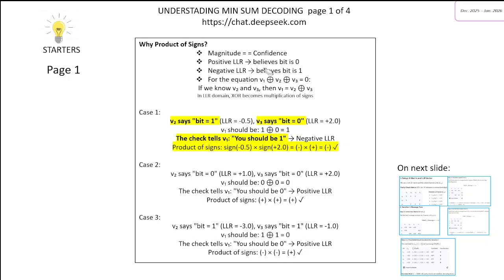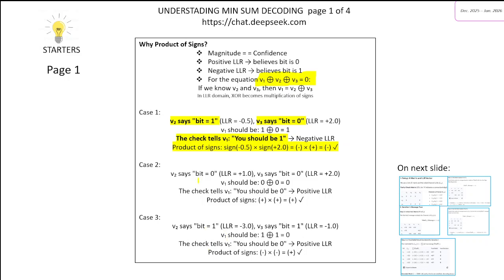If there are only three bits in an equation, as you can see, we have a parity check equation which has three bits. In these three bits, you have to notice that two of the bits will tell the third bit what it should be, so that the parity check equation is satisfied.